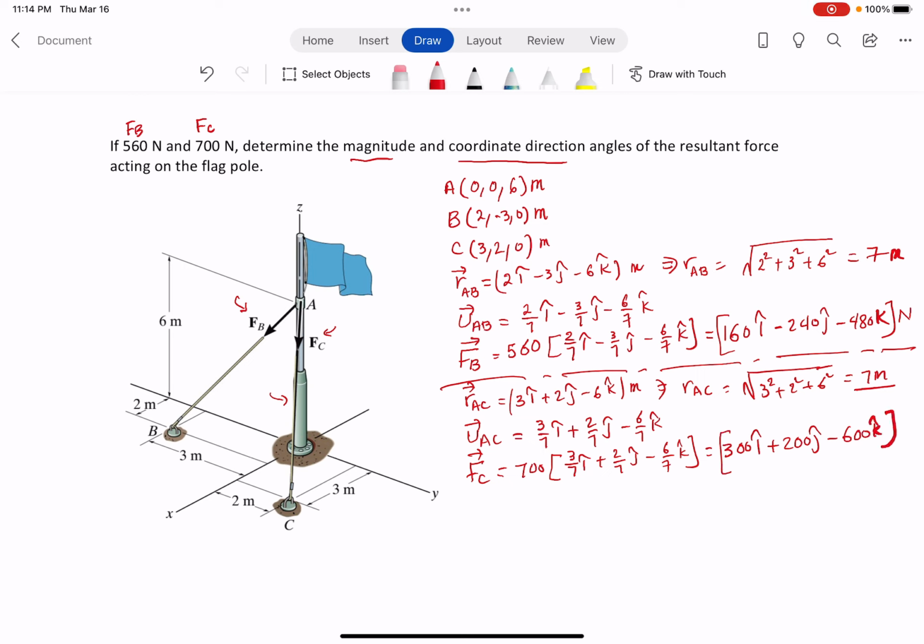And of course, the units are in Newton here. Okay, so we found the forces.